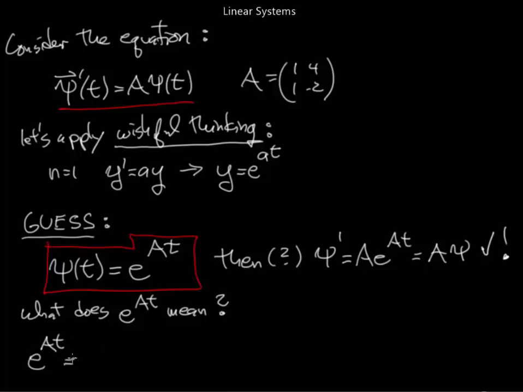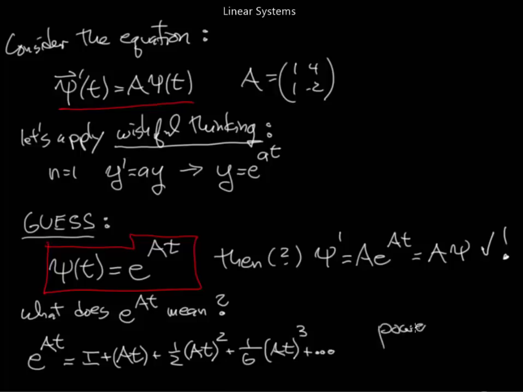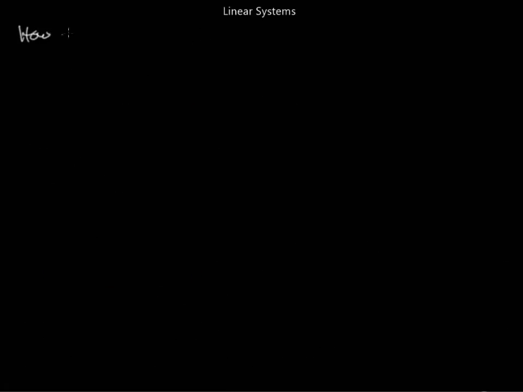Well, by analogy with the exponential e to the t, it should just be this power series, I plus At plus 1/2 A squared t squared plus 1/6 A cubed t cubed, and so on. It's a power series. So power series are problems. You've got to worry about convergence and all sorts of things, but it's reasonable to think that something like this could work. So let's just continue with our wishful thinking.